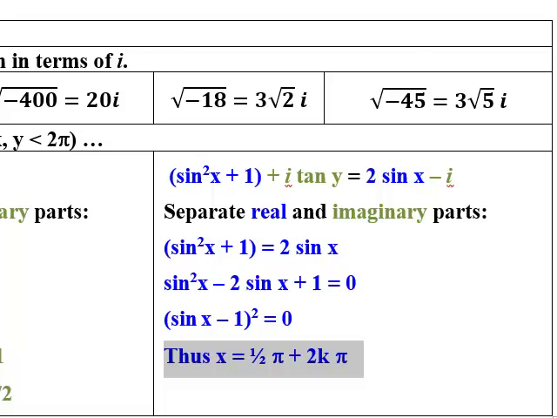There it is. And then plus, yes, plus any subsequent 2 pi on top of that. So at 450 degrees and 810 degrees and so on. So add 2k pi to that.